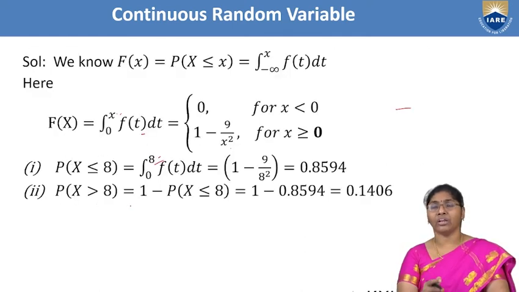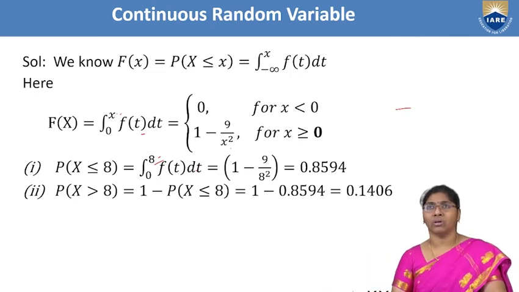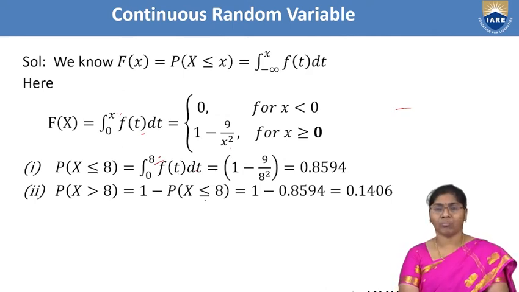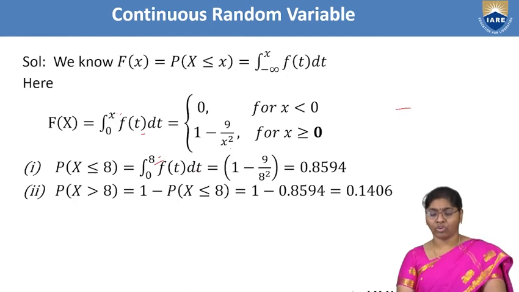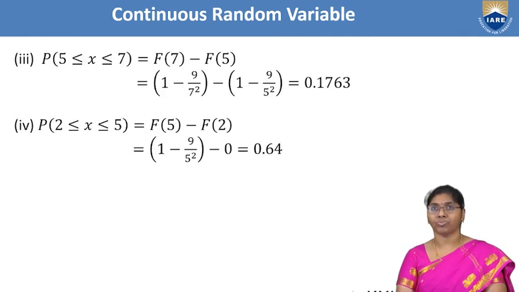That means from 8 up to infinity, which is difficult to calculate, so we use 1 minus the remaining part: 1 minus P of x less than or equal to 8. We already calculated P of x less than or equal to 8 as 0.8594, so the value is 0.14. Beyond 8 years, the probability is 0.14.